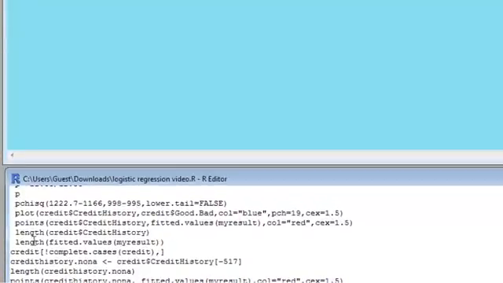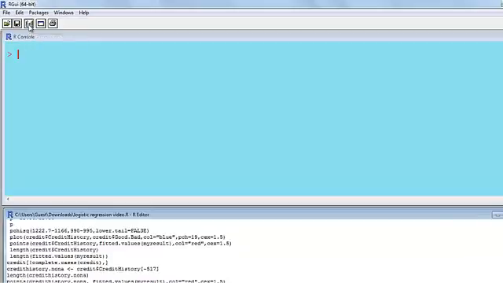So let's first plot the independent variable and the dependent variable. The independent variable in this case is the credit history, and the dependent variable was the good bad variable. So let's plot this one first and see how these two actually look.